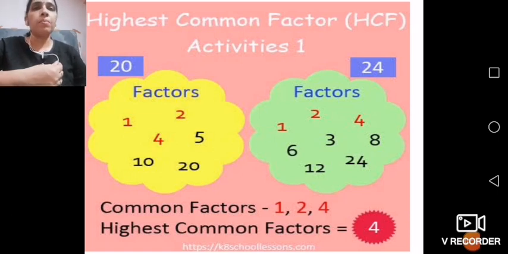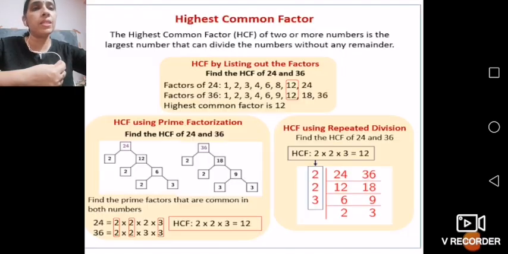Now one more name for HCF is greatest common divisor, GCD. So let's see the definition of HCF. The highest common factor, HCF, of two or more numbers is the largest number that can divide the numbers without any remainder.